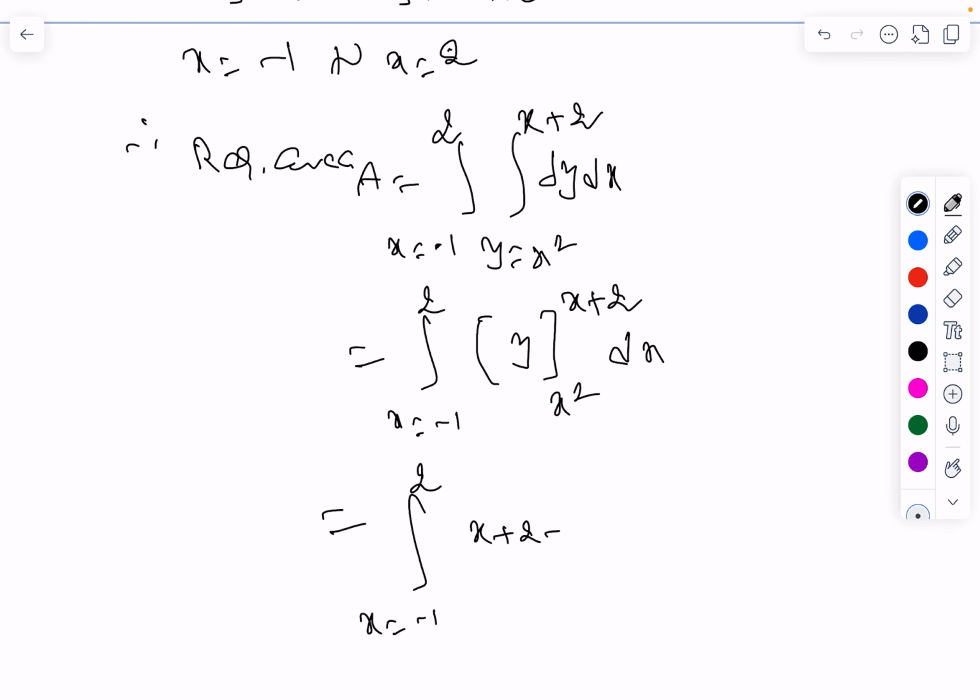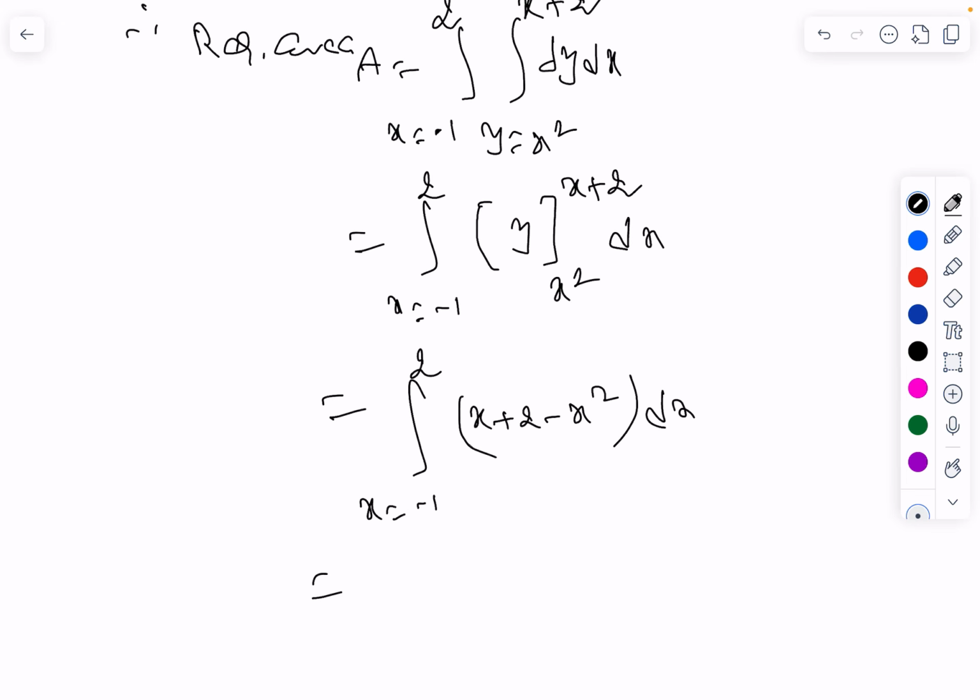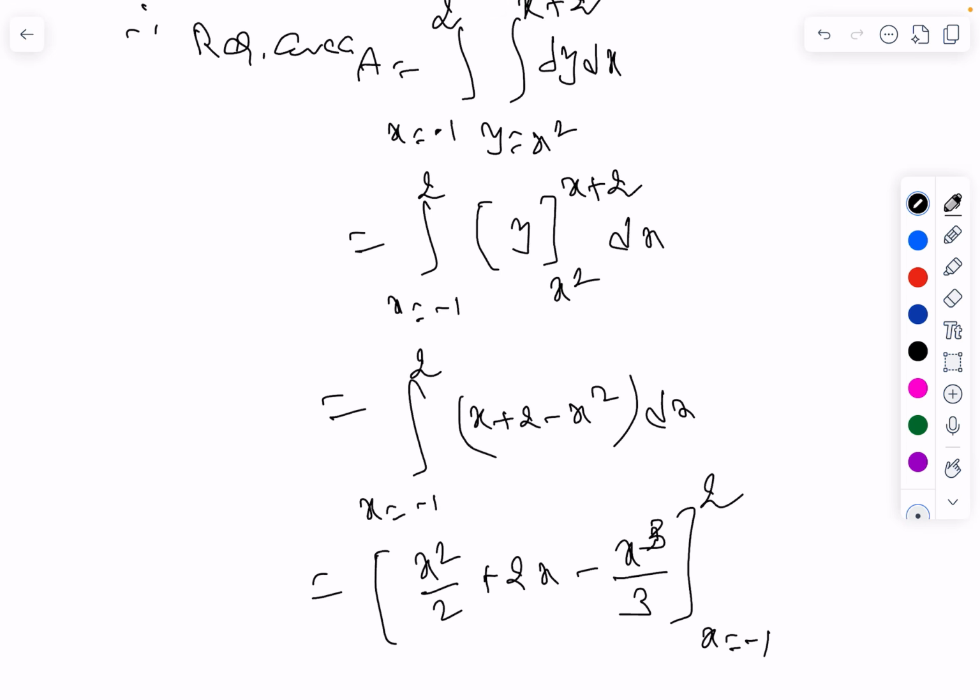This is x plus 2 minus x square dx. So now the integration is x square by 2 plus 2x minus x cube by 3, x is minus 1 to 2.